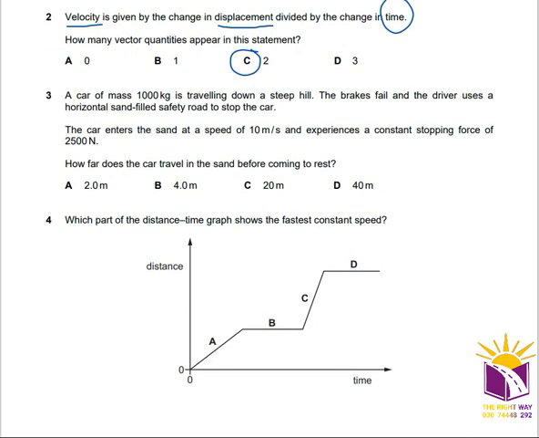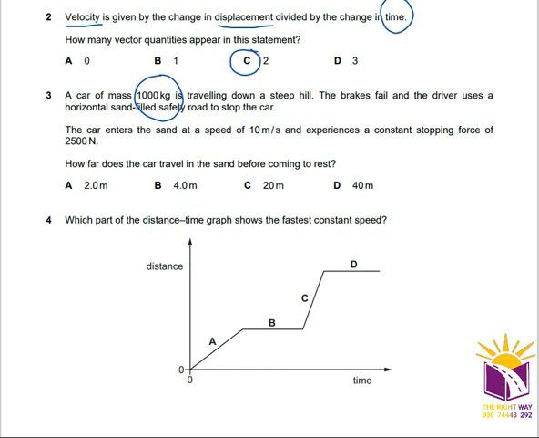Question number 3. A car of mass 1000 kg is traveling down a steep hill. The brakes fail and the driver uses a horizontal sand-filled safety road to stop the car. So the mass of the car is 1000 kg.